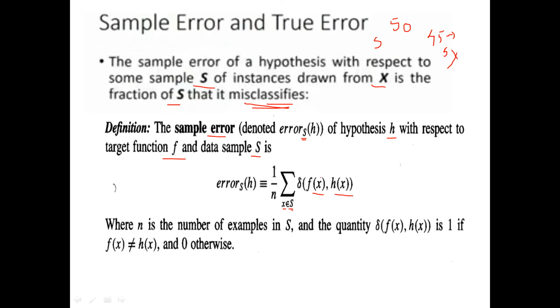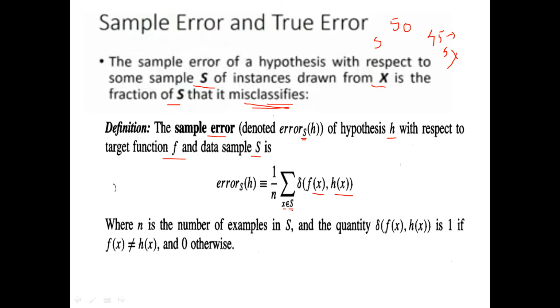What is this f of x? This is the learned target, and h of x is your hypothesis. So the difference between your target and your hypothesis is the average difference.